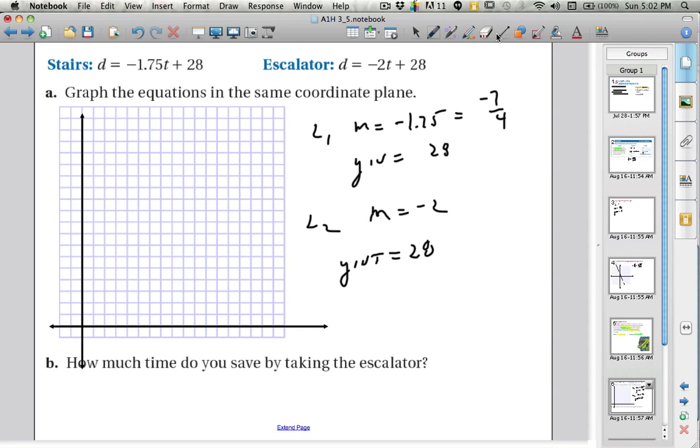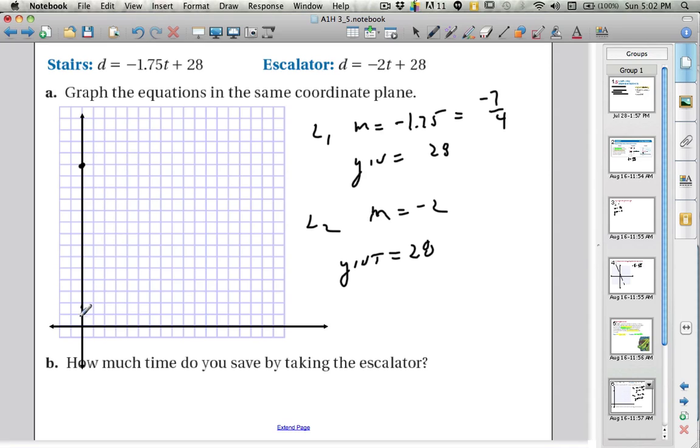Okay, so when we start from the ground level, we have 28 feet still to go. So 1, 2, 3, 4, 5, 6, 7, 8, 9, 10, 11, 12, 13, 14, 15, 16. There's 14.